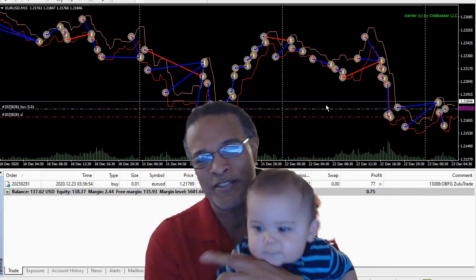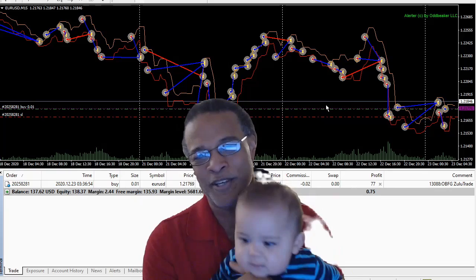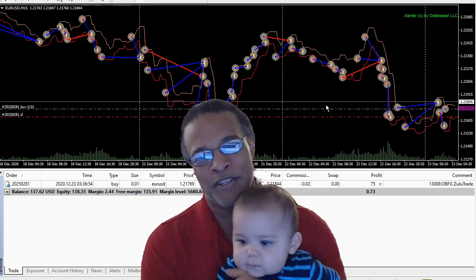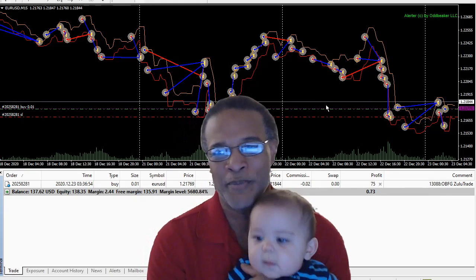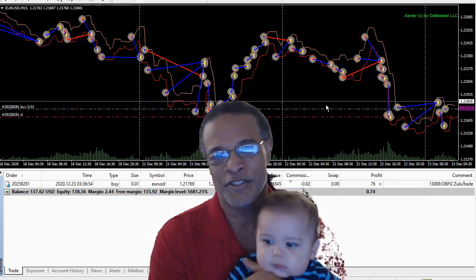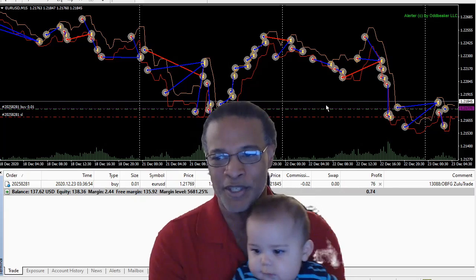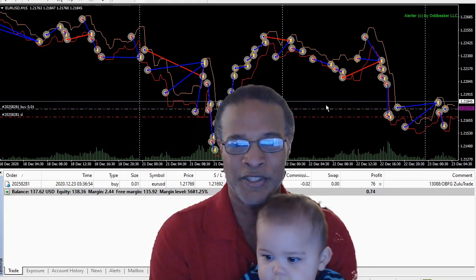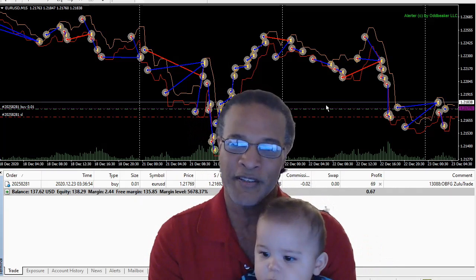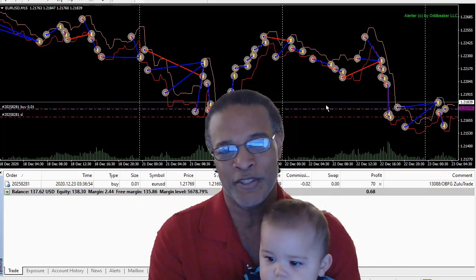But when it sends the stop loss information across the wire, it sends it 10 pips out, because the trade copier doesn't actually use the stop to close the trades. It just mimics what the master account is doing. So as soon as the trade closes on the master account, which it will in profit, this one will see that, and it'll say, oh, it's time to close it. Boom.